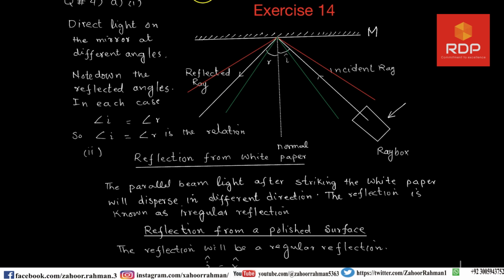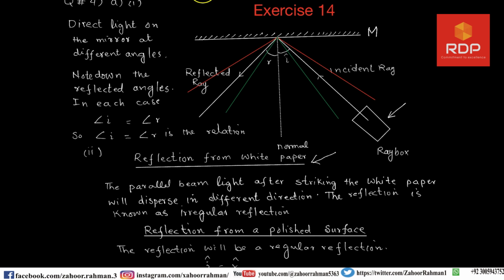First, I am explaining here reflection from a white paper. The parallel beam of light after striking the white paper will disperse in different directions. The reflection is known as irregular reflection.